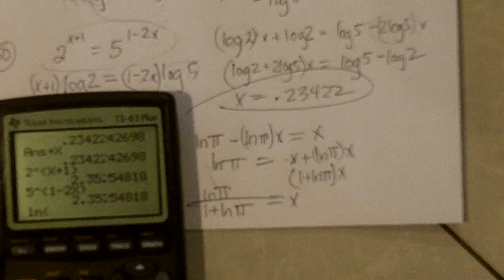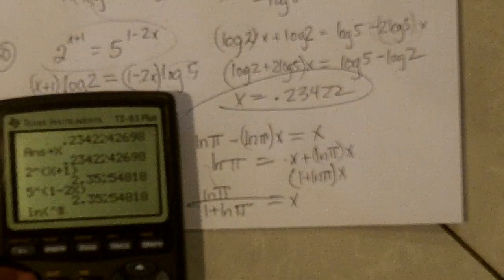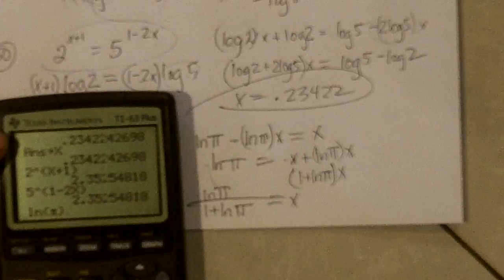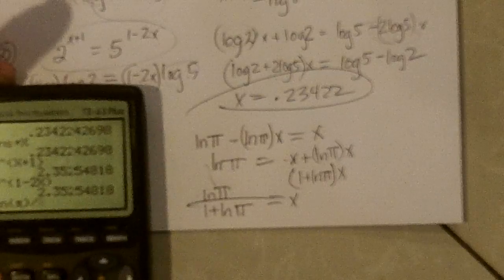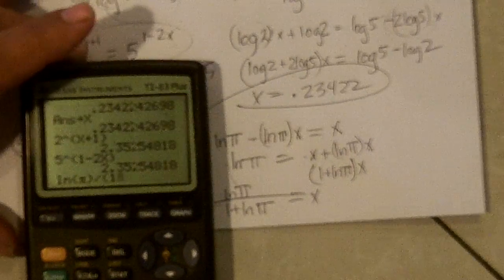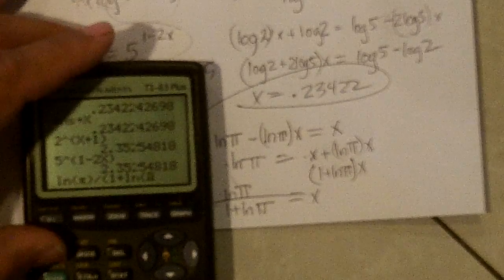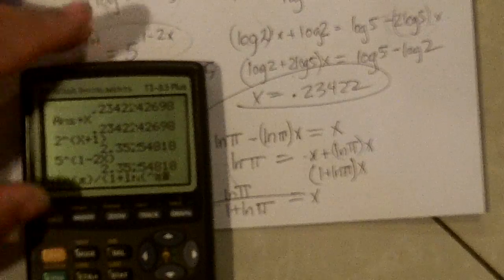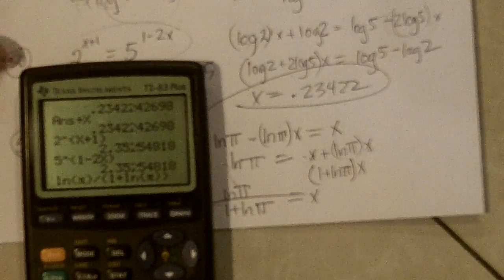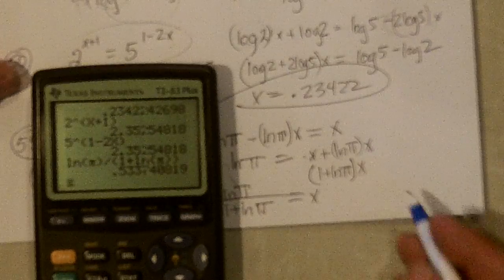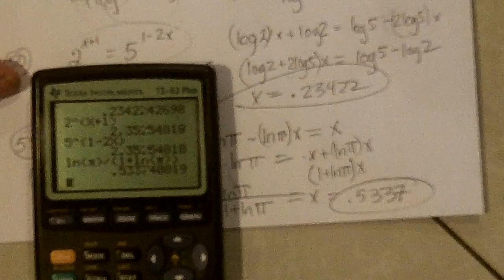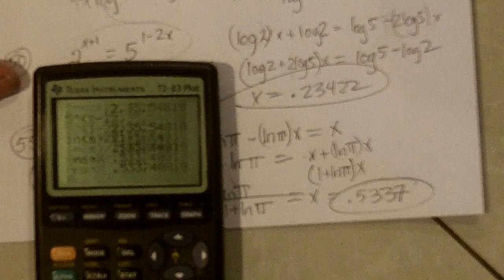So ln pi, close parenthesis, that's the numerator, the only one thing, so I didn't have to put parentheses, over the denominator is more complex, that's 1 plus ln pi, close parenthesis for the denominator, and I get 0.5337 stored in x.